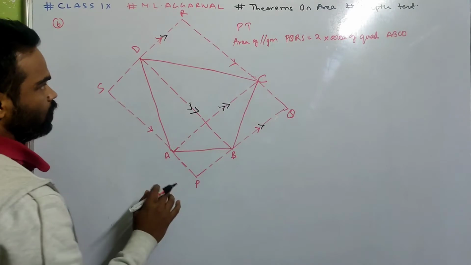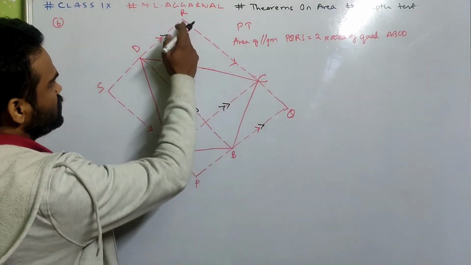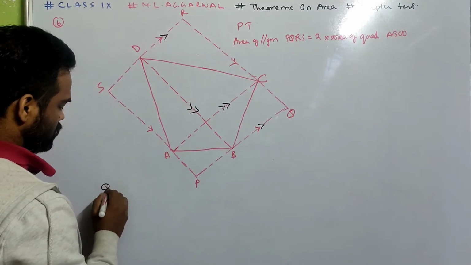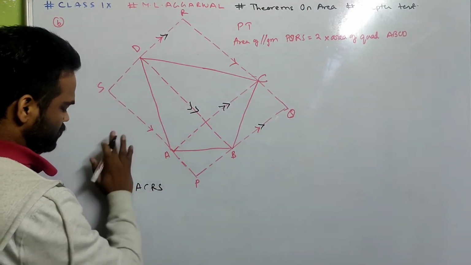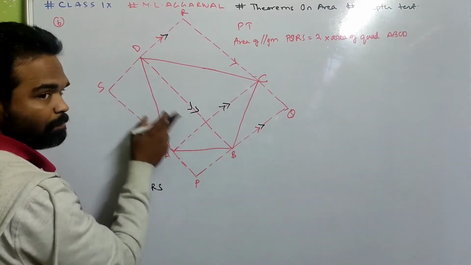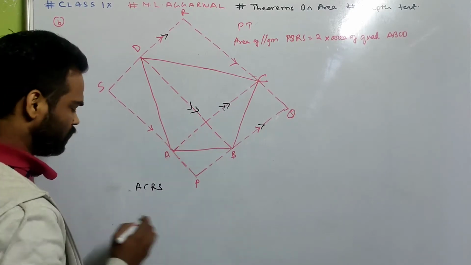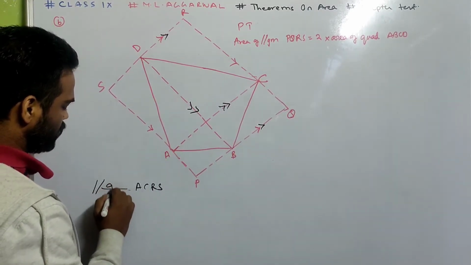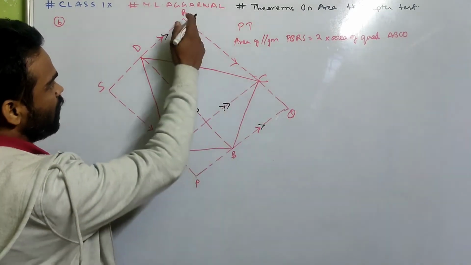Very easy. Just look over here. Look at quadrilateral ACRS. That's a parallelogram actually, because opposite sides are parallel. And if the pair of opposite sides are parallel, it's a parallelogram. So we are talking about parallelogram ACRS.